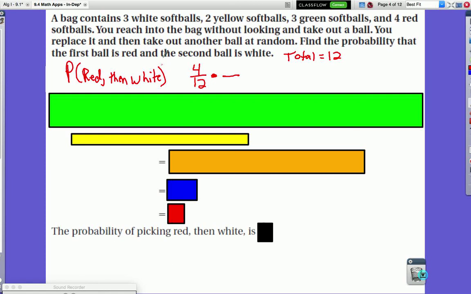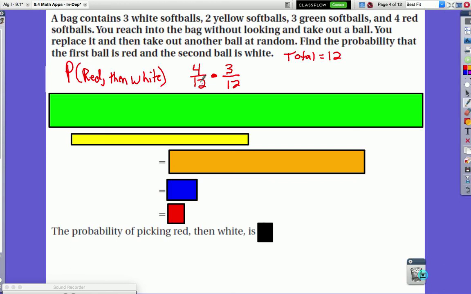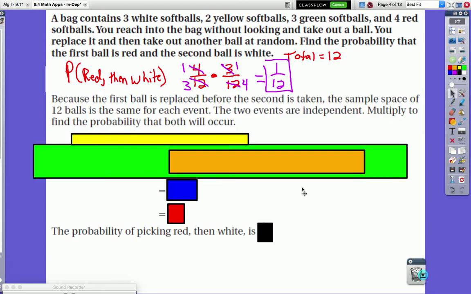There are 3 white, so 3 out of 12. Now you could just simplify or cross cancel to multiply. 4 goes into 12 3 times, 3 goes into 12 4 times. So now we multiply straight across: 1 times 1 over 3 times 4. So the probability is 1 out of 12. 1 out of 12 times this would happen.